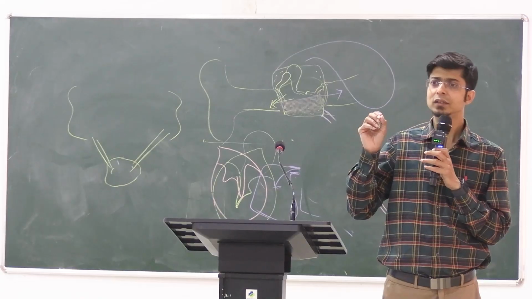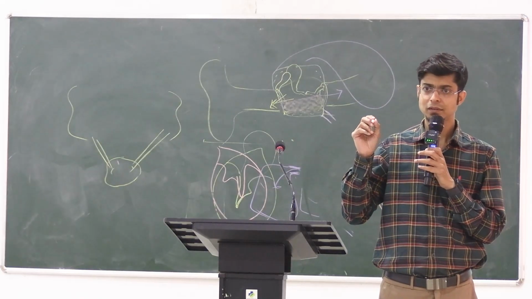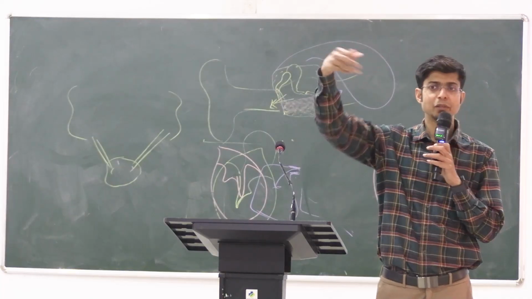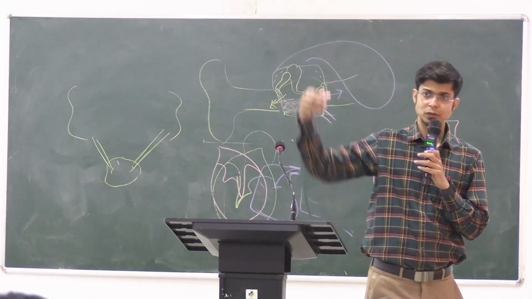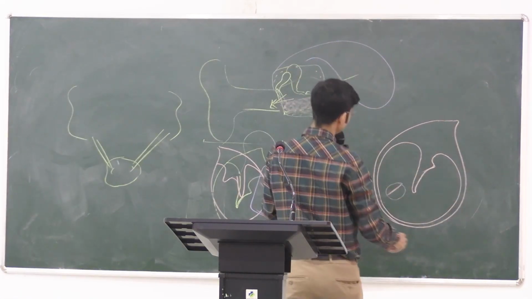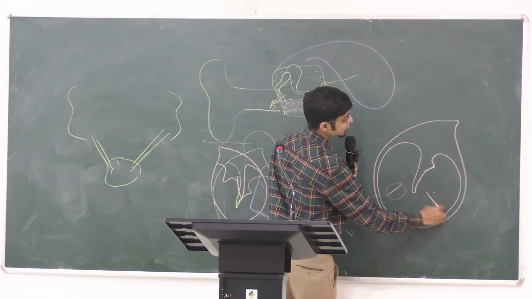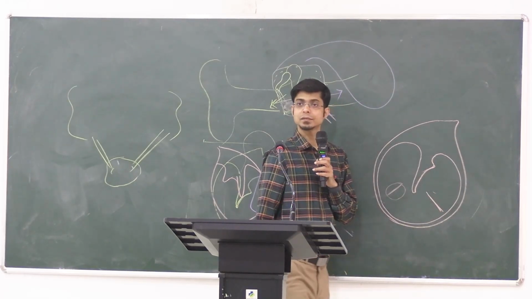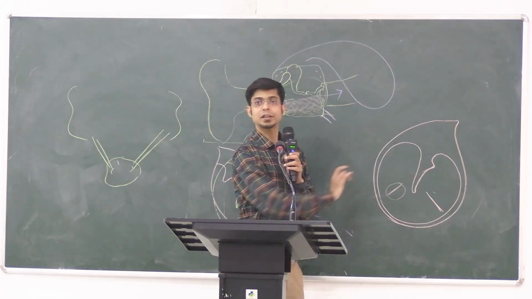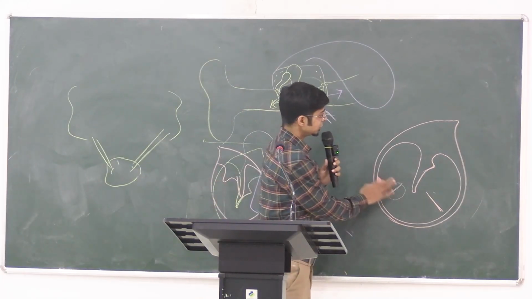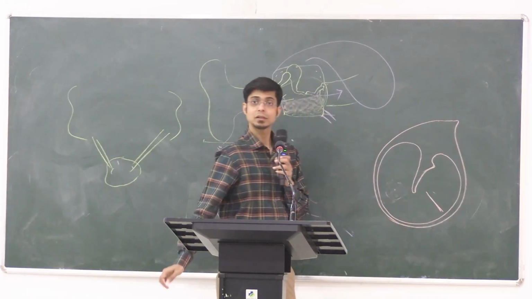The air going in will directly go towards the oval window, so no vibratory movements. So we always prefer to put the incision in the anterior-inferior quadrant, more anteriorly. We avoid the posterior quadrant.